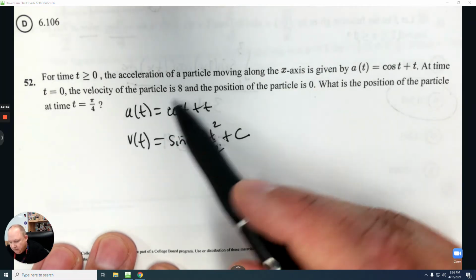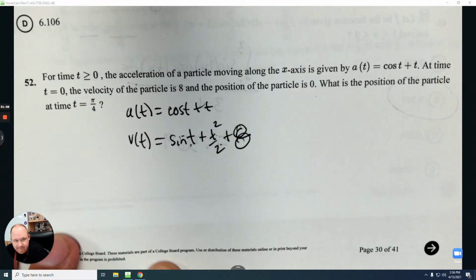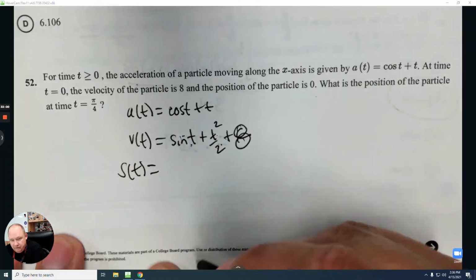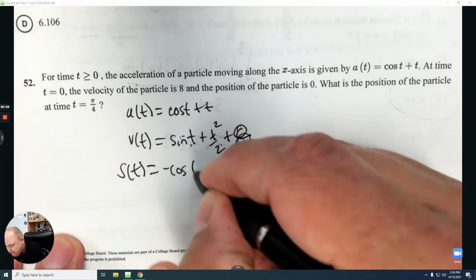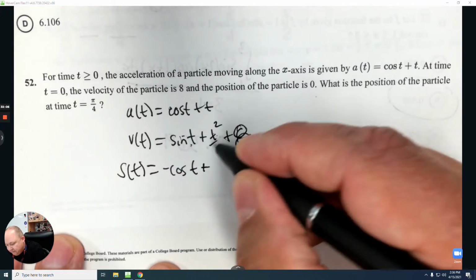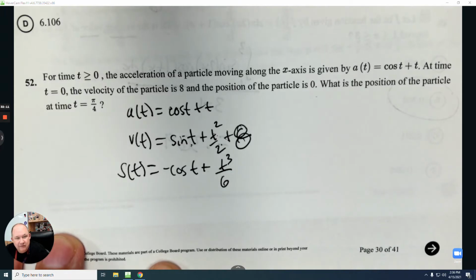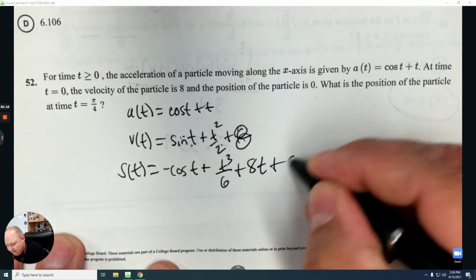So the initial velocity is what c is. So c is 8. I'm going to integrate to find the position. So the integration of sine t is negative cosine t. The integration of t squared would be t cubed divided by 3. That's 6. 8 would be 8t, and then the constant.